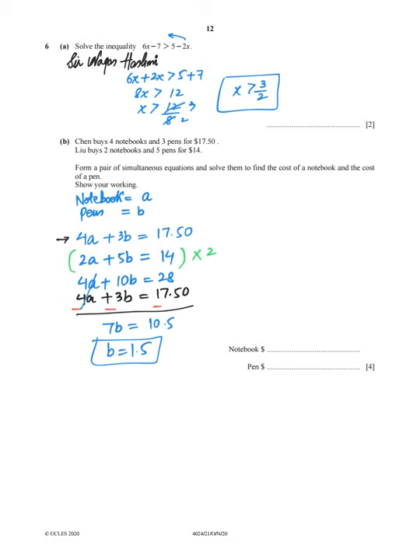So I'm using the equation 2A plus 5B equals 14. So it's 2A plus 5 times 1.5 equals 14.